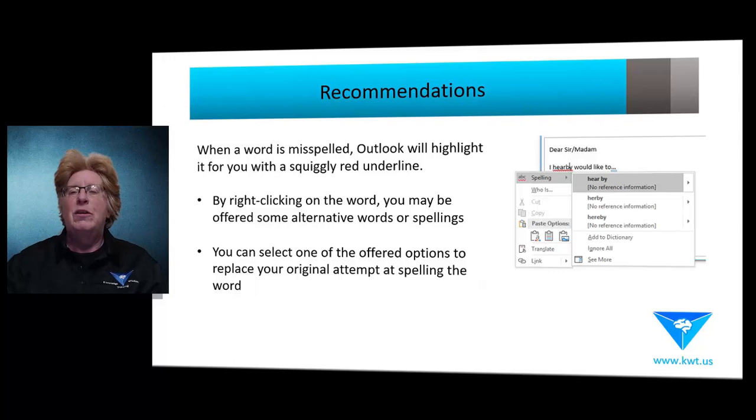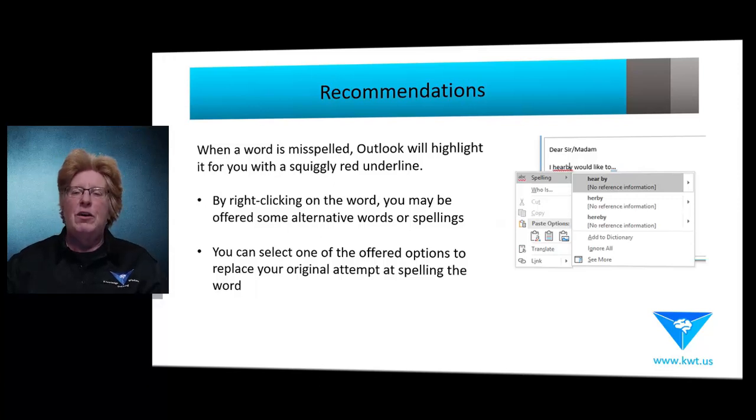The first option is to right-click on the word and see what Outlook has to offer. Outlook is very good at offering alternate spellings, alternate word combinations that it thinks might be what you mean based on the spelling that you have put in. And Outlook is very good at coming up with some alternatives regardless of how atrocious our spelling is.